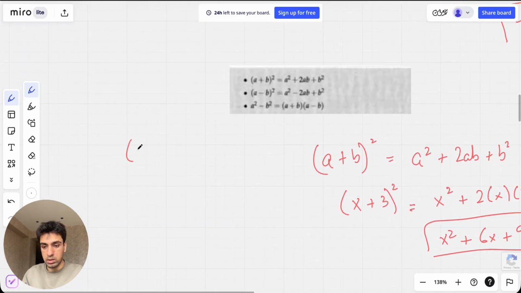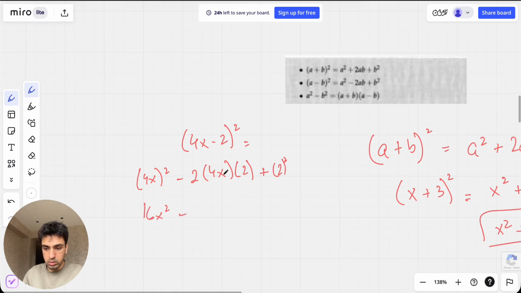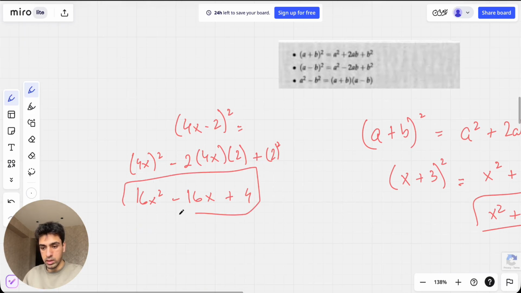So for example, let's say you have 4x minus 2 squared, so we have to use this rule, a squared minus 2ab plus b squared. So a is 4x, b is 2, and then we have b squared, 2 squared. This becomes 16x squared minus 2 times 4 is 8, 8 times 2 is 16, minus 16x, and then plus 2 squared is 4. So that's if it's negative.